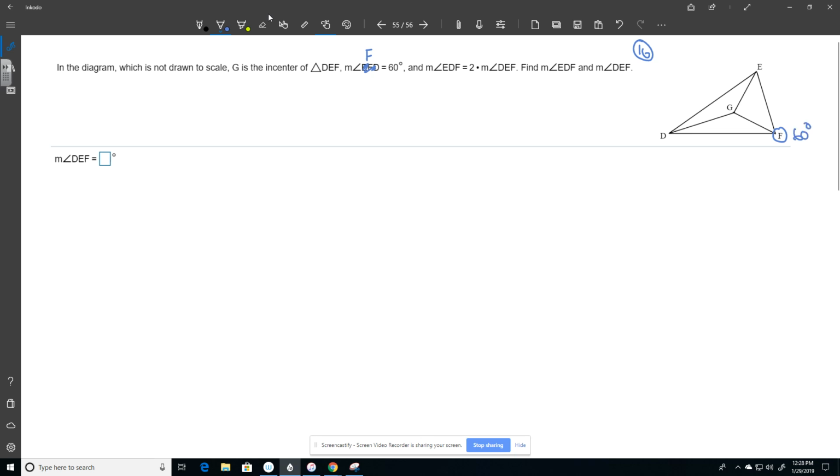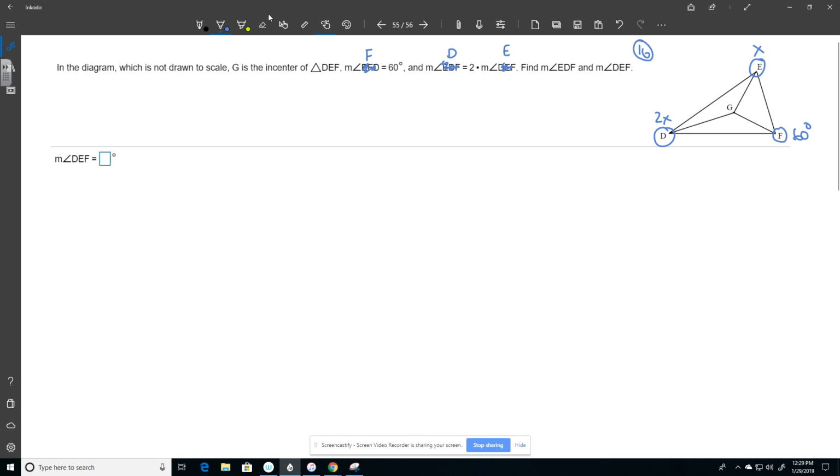And then it tells me that EDF, from E to D to F, so let's just change that to angle D. Angle D is double DEF, which is angle E. So angle D, this one, is double whatever E is. I don't know what E is, so I'm going to call it x. And I don't know what D is other than it's double, so I'm going to call that 2x. And that's all the information it gives me.